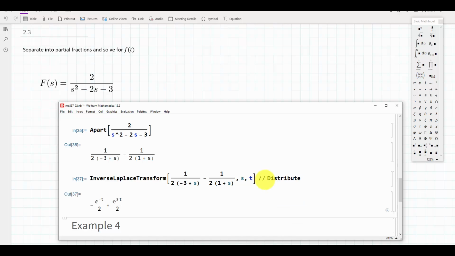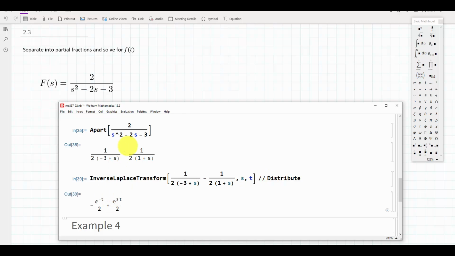Okay, and this is a better form for us, and this is what we got when we did it by hand: negative 1/2 e to the negative t out in front, plus 1/2 e to the 3t. And this is how we would want to write our final answer. Let me go back to how it was writing it. This is a weird way to represent it. It factored out an e to the negative t, which maybe there's a reason we would want it that way, but this is a lot more intuitive way of having our solution.